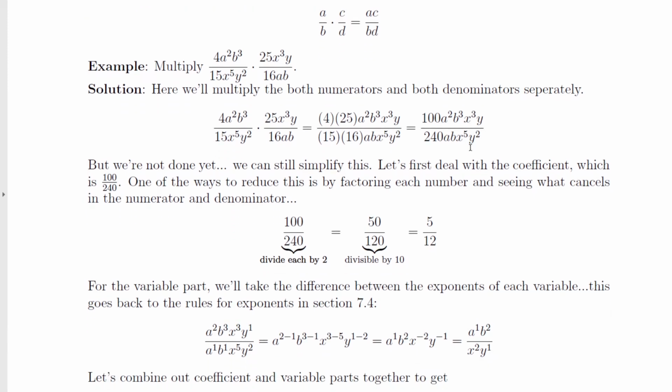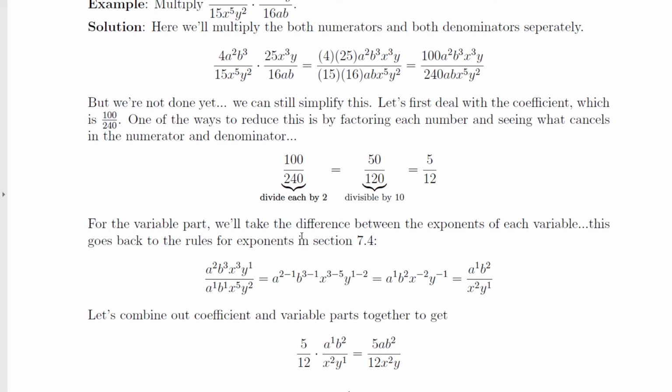Then we look at the variable part: the a's, the b's, the x's, and the y's. If you remember back in 7.4, there are properties of exponents. If you've got an exponent of a variable in the numerator and an exponent of a variable in the denominator, you subtract them in the exponent.